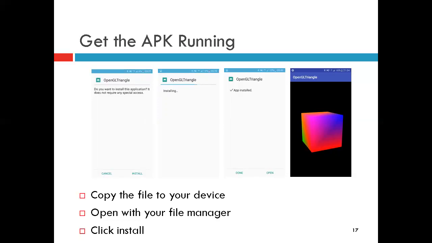If your application has different permissions that it needs to use, you'll also have prompts about those, and you'll need to either accept or decline as well.